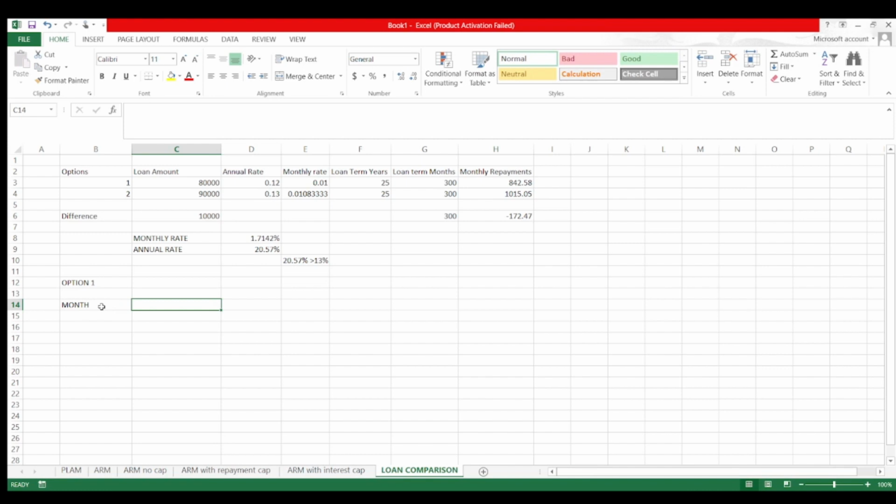Here we'll note the month, then the payment, then the interest, the principal, and the balance.